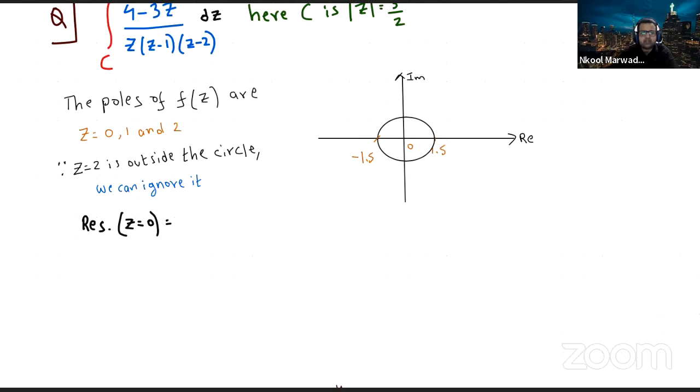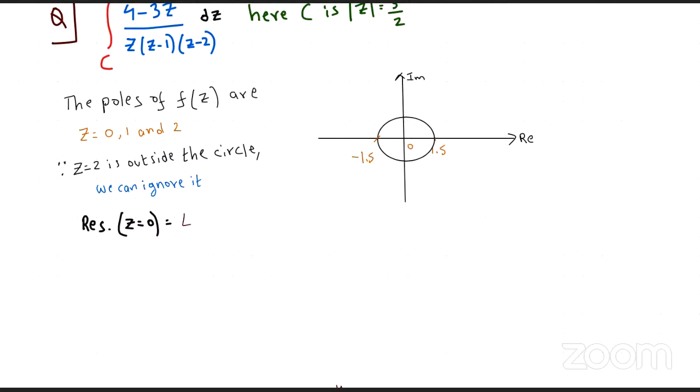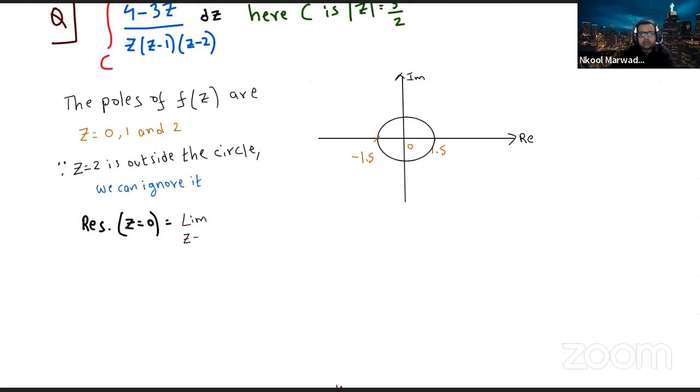I am straight away applying that, that is limit z tends to a, here that is 0, of (z minus a) f(z). So (z minus 0) f(z), because limit anyhow I have to put it.